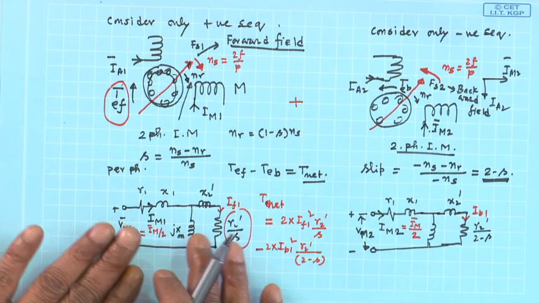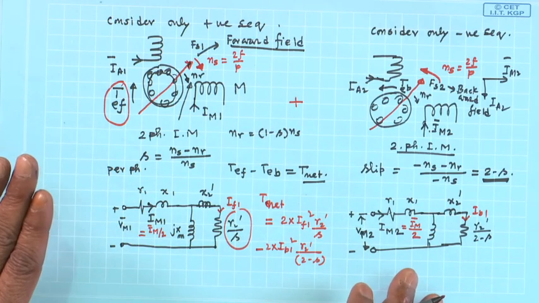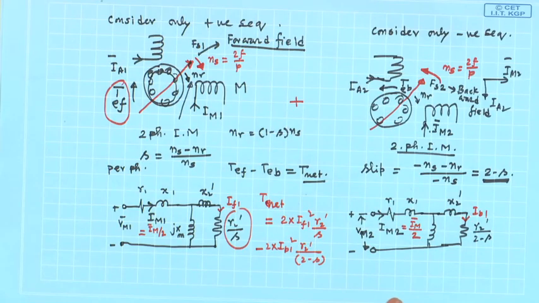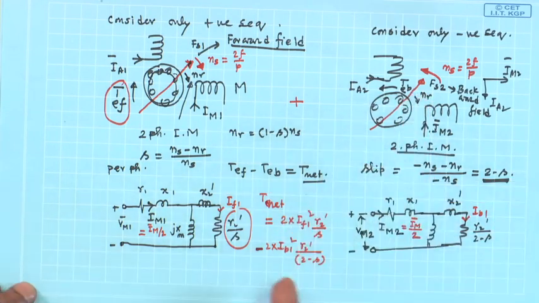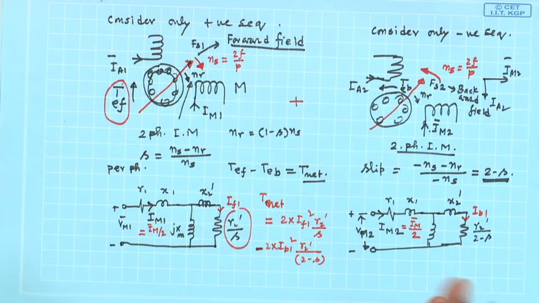But see, this is the thing, it has come to like that. And why I have put minus sign here? Because from physical consideration I know these two torques act in opposite direction. So, negative sign is also important like that.